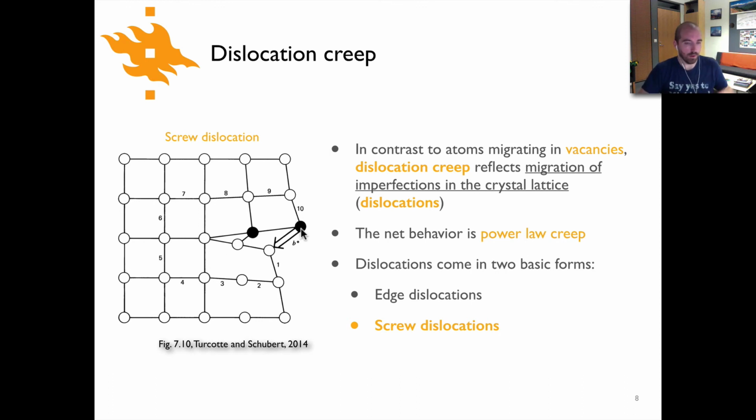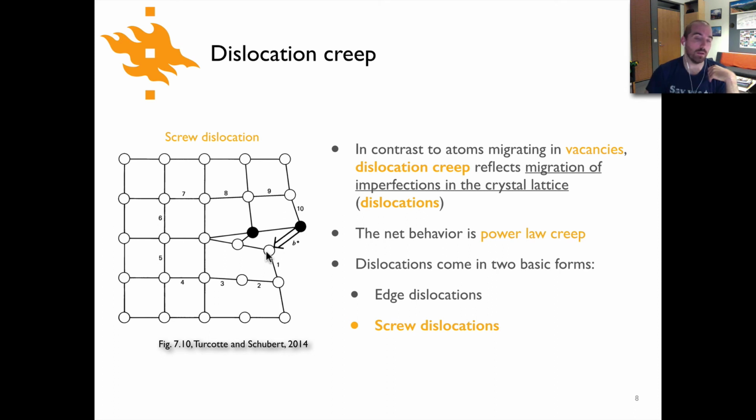In this case, you'd be 1 level higher in terms of the planes of atoms in this crystal lattice. And so that is your screw dislocation, because now you're 1 plane higher than you started, and you'd have to then move down by 1 lattice spot to go back to your original starting atom.